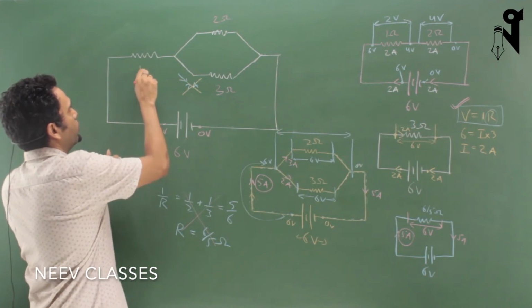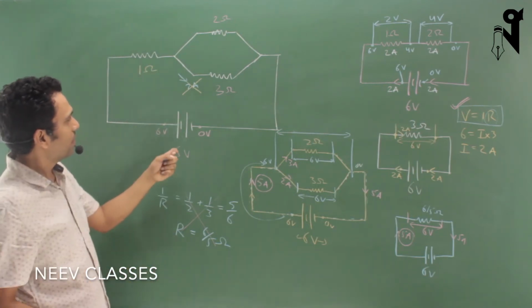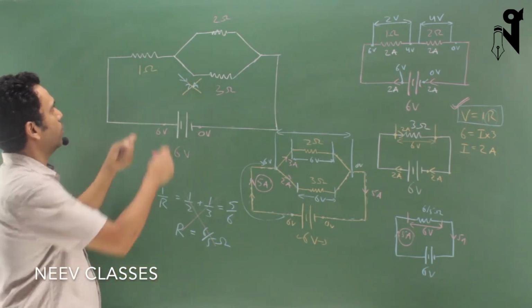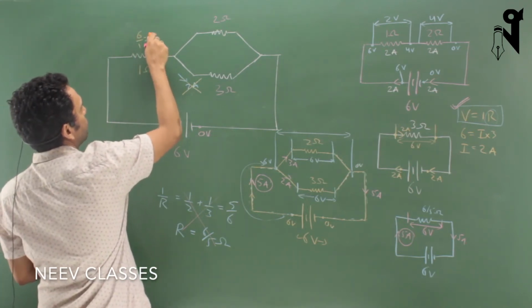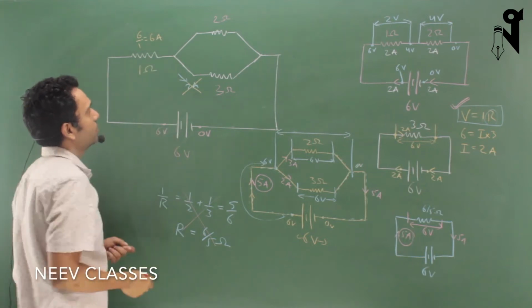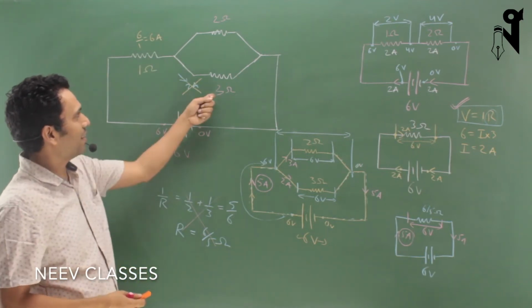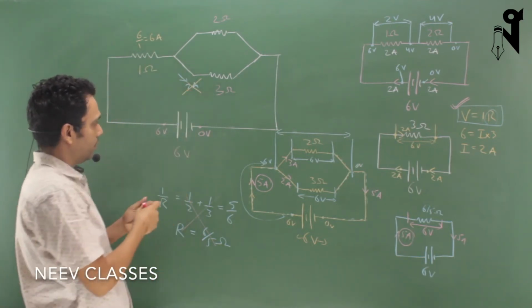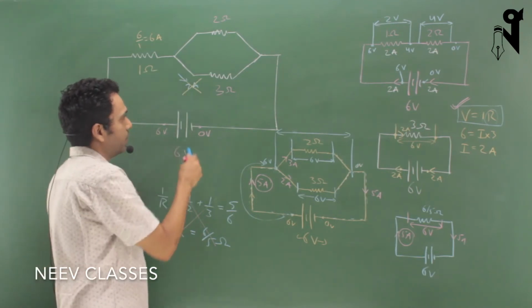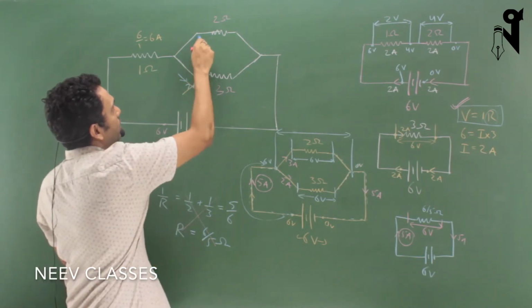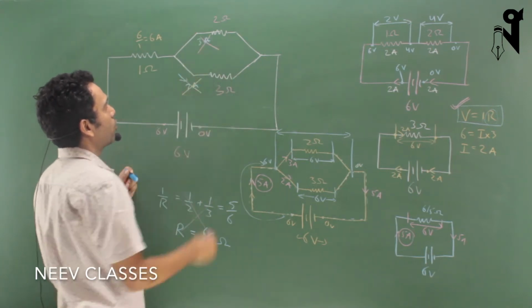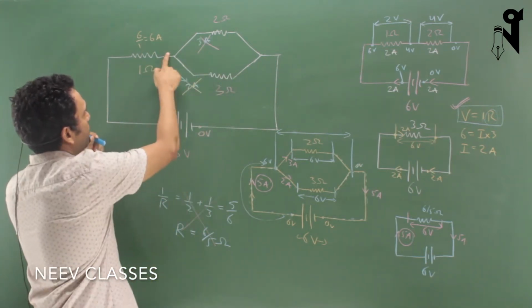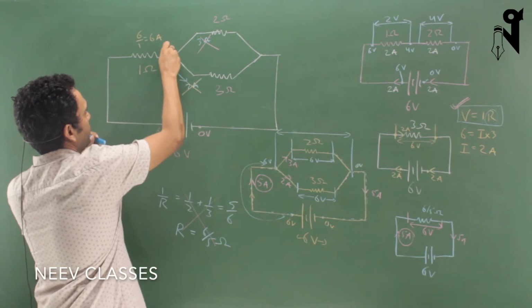Say I had given a value of 1 ohm to it. The current in this is not 6 by 1, which gives you 6 amperes, right? 6 by 3 gives you 2 amperes, which is a big cross by the way, and 6 by 2 gives you 3 amperes. This is all wrong. First of all, a 6 ampere will come.